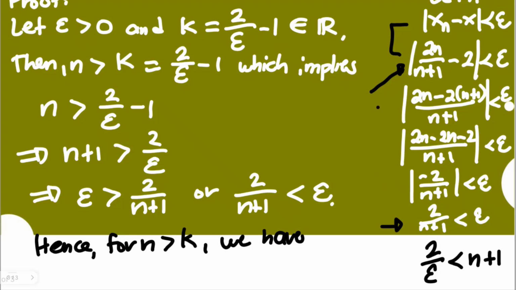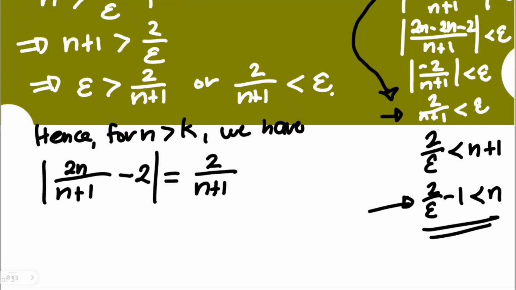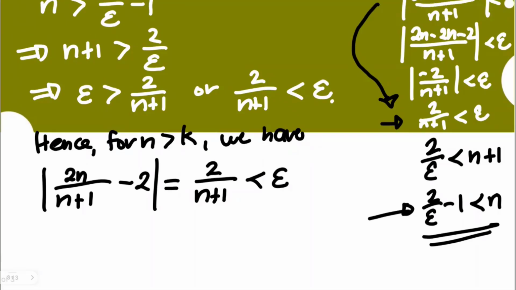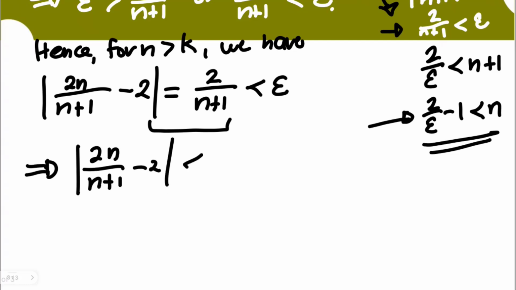So you will have the absolute value of 2n over n plus 1 minus 2, which is equal to 2 over n plus 1, less than epsilon. Cutting the middleman, we can now say that the absolute value of 2n over n plus 1 minus 2 is just less than epsilon. And then we have achieved the definition.